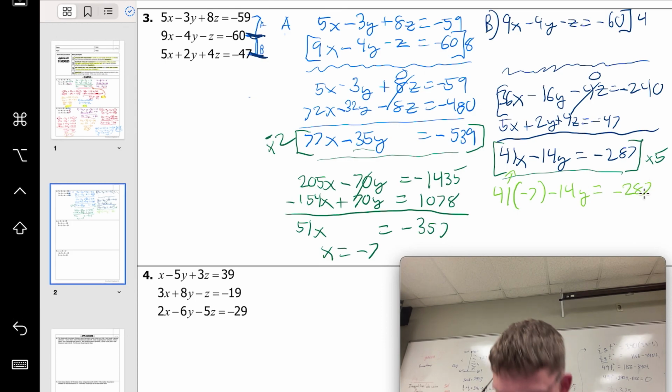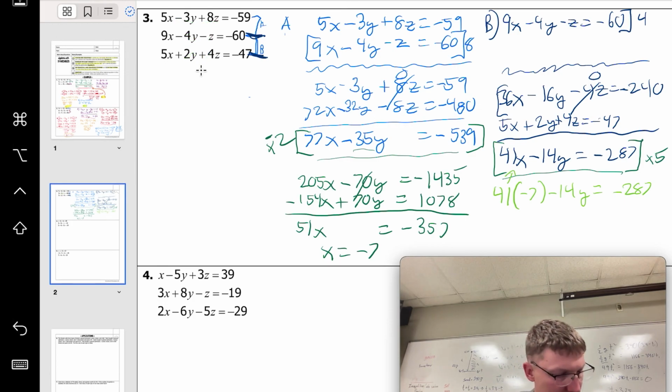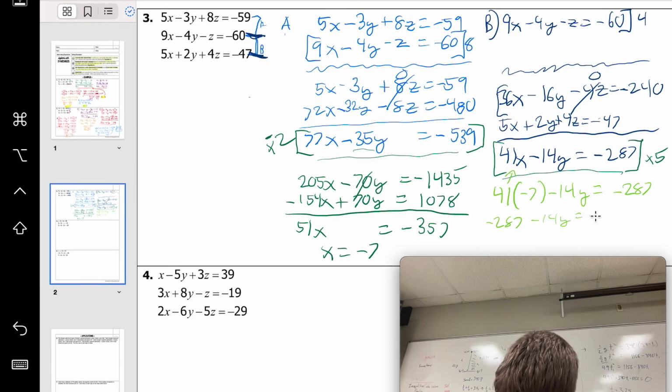When I said it doesn't matter, it does a little bit. You want to pick an equation that only has 2 variables so that you can solve for another one. So if you were to plug that x back into one of these guys up here, it wouldn't work just yet.